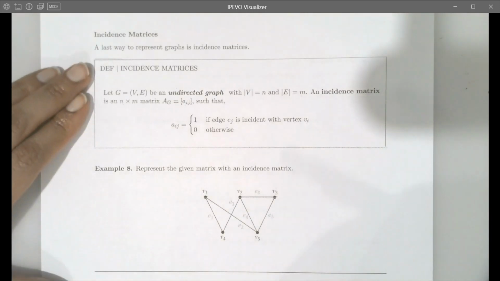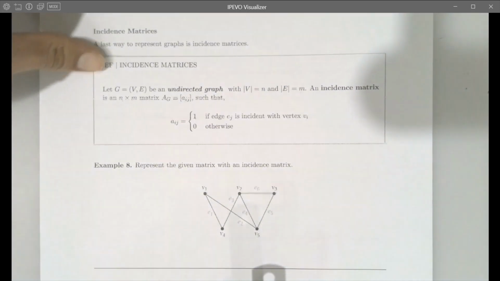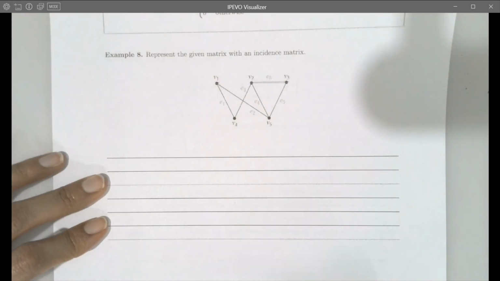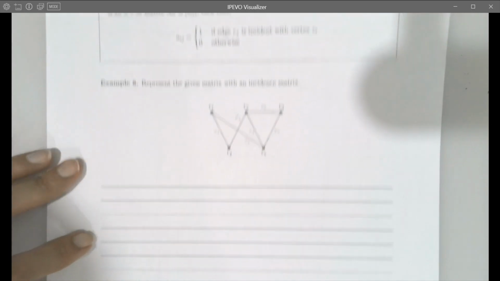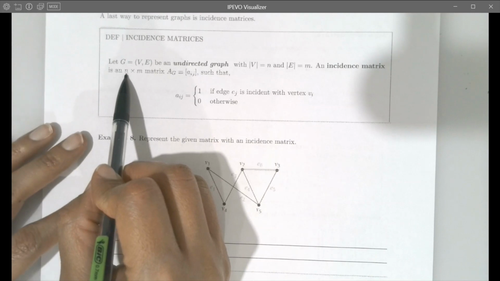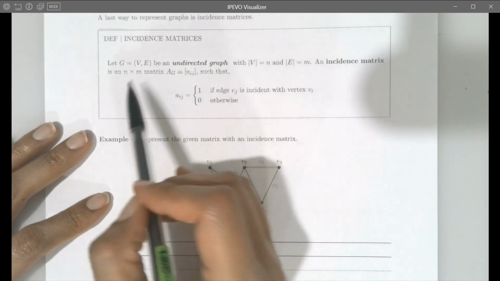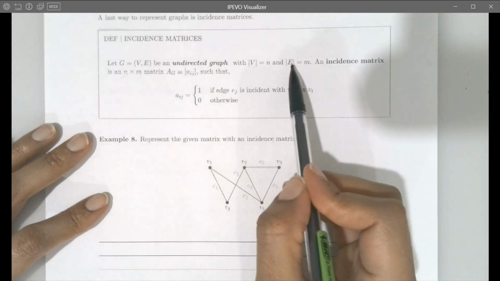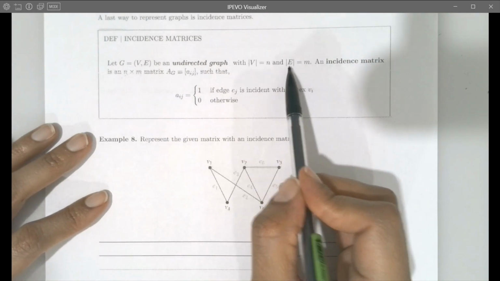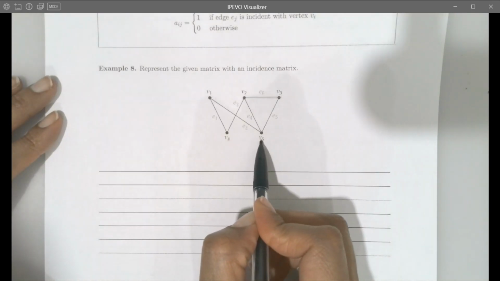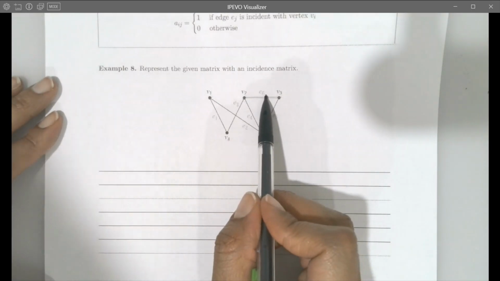And again, we're going to take a look at example number 8 to get a better idea of what that definition is saying. In this case, we're given the graph, and we have to come up with the incidence matrix. Notice that the number of rows corresponds to the number of vertices, whereas the number of columns corresponds to the number of edges. So in our case, we have 5 vertices and 6 edges.